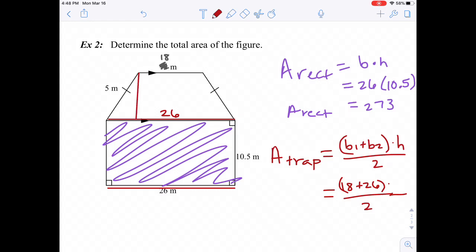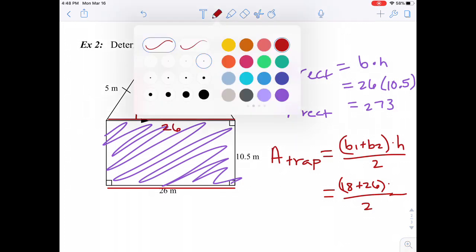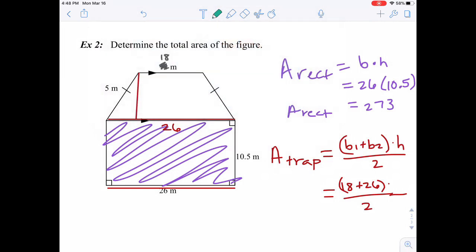If we think back all the way to some of our previous units, we've thought about this before. If I drop 2 altitudes, I've created another rectangle. So this distance has to be 18, which leaves a total of 8 to be split between this part and this part.